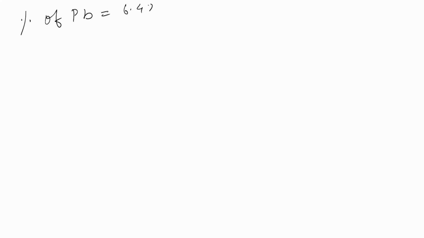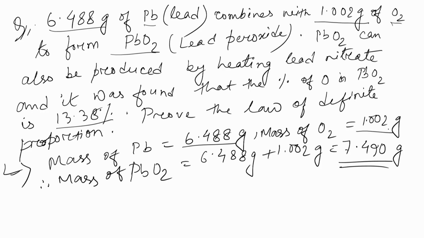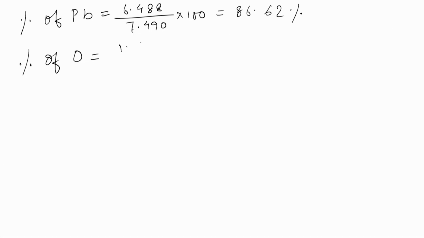So, 6.488 divided by 7.490 into 100, which is equal to 86.62%, and percentage of oxygen is equal to 1.002 divided by 7.490 into 100, which is 13.38%.